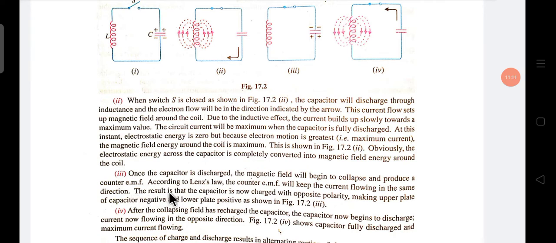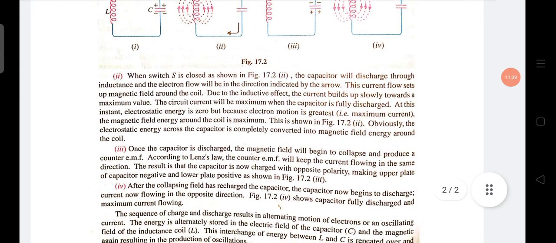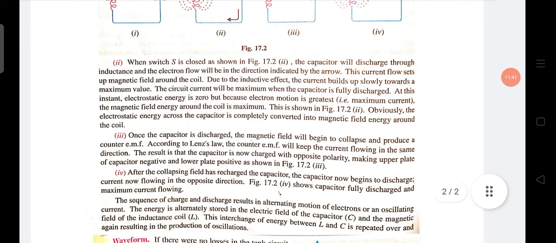The result is that the capacitor is now charged with the opposite polarity, making the upper plate of the capacitor negative and the lower plate positive, as shown in the figure. After the collapsing field has recharged the capacitor, the capacitor begins to discharge again. The direction of flow is this. So the circuit is fully discharged.